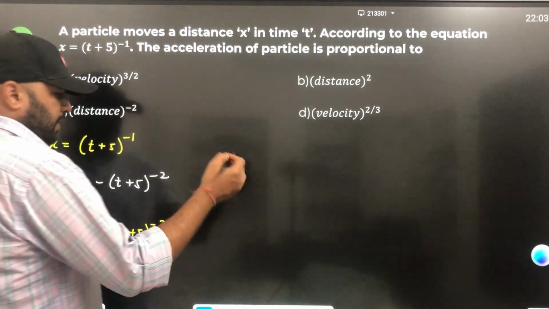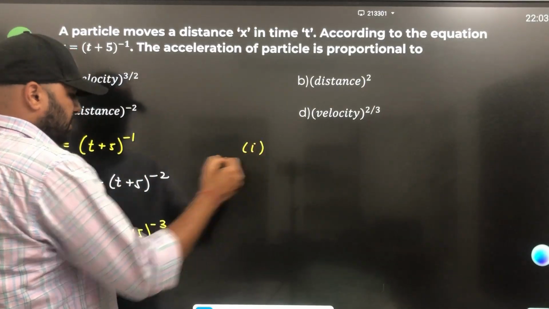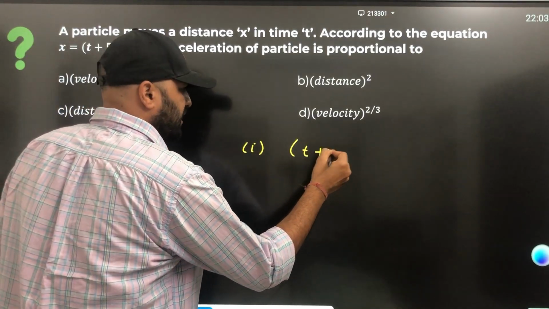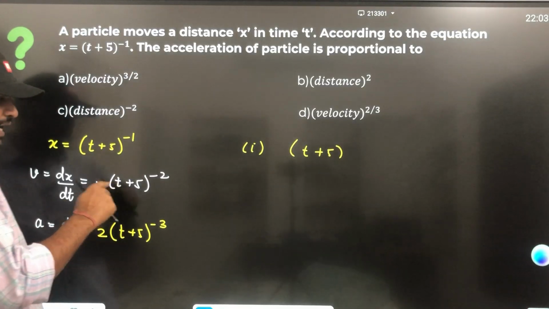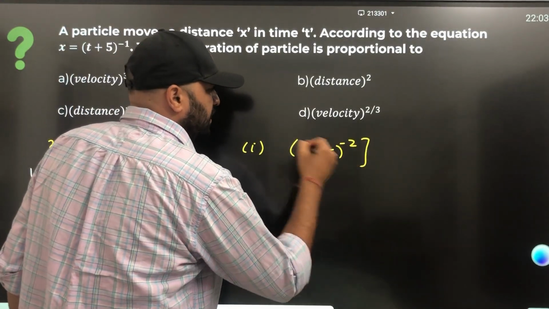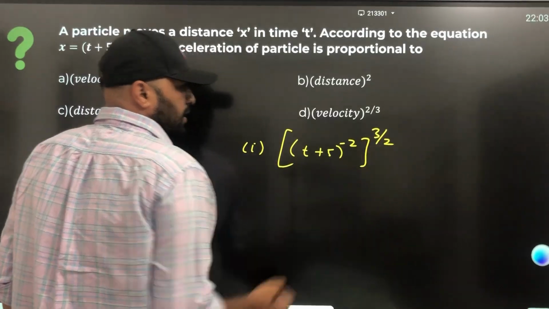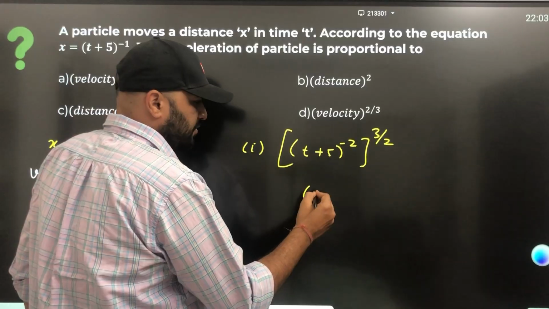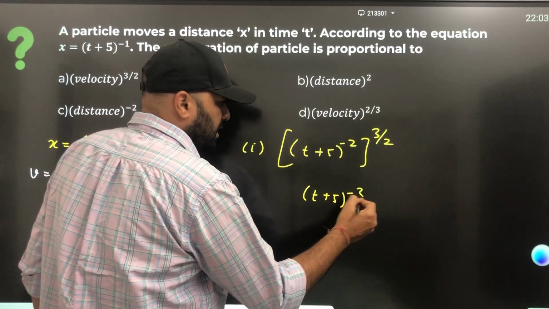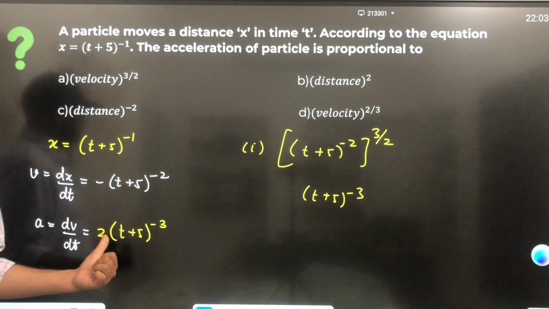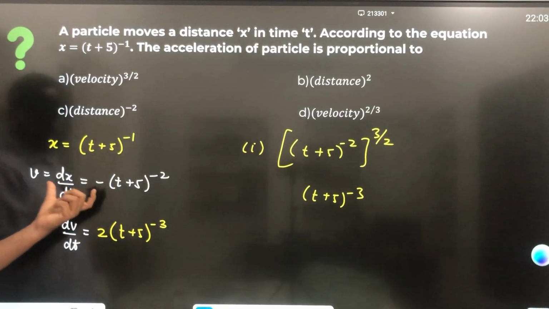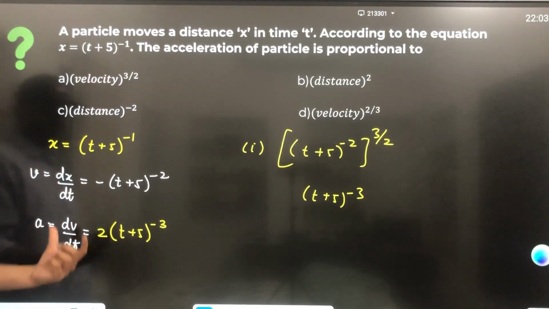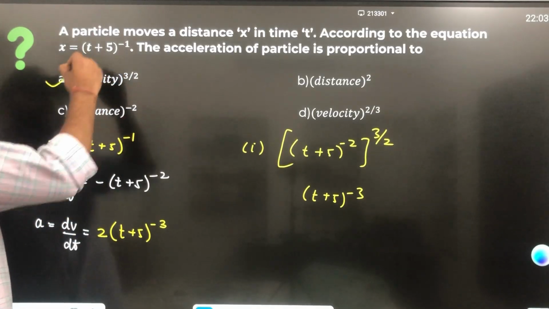So let me just take (t plus 5) to the power minus 2, ignoring the negative sign, whole power 3 by 2. This is our velocity, whole power 3 by 2. So 2 and 2 cancel. We are left with (t plus 5) to the power minus 3. Are we getting our acceleration? Yes, correct. So if you simply take velocity to the power 3 by 2, you get the acceleration, so our option A is correct.